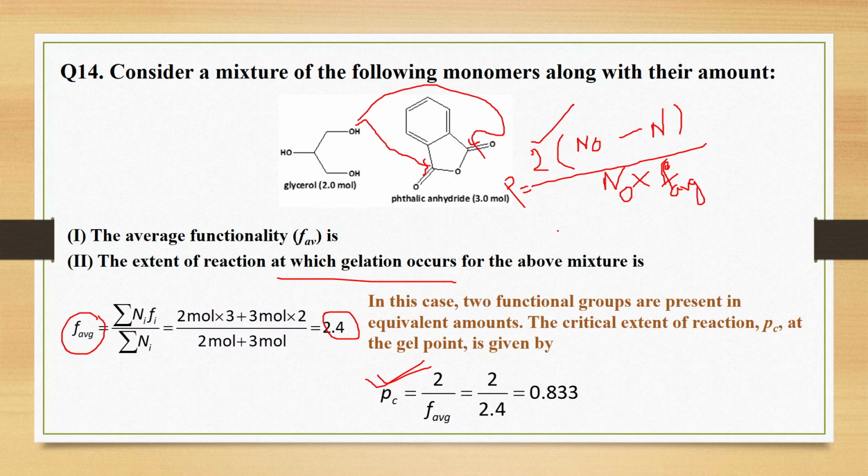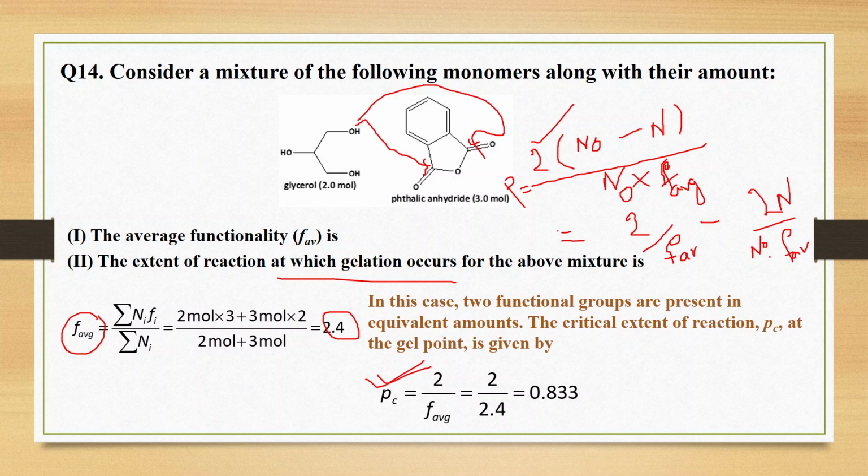So when you write it down, it will look something like this. It will come as 2 divided by f average minus 2n by n0 into f average. I have just simplified it, nothing else.